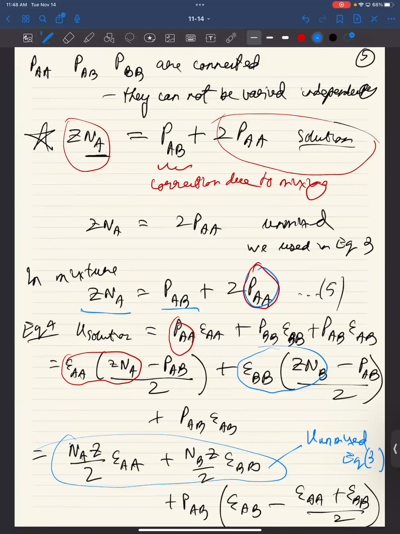If you think carefully, you will realize where it comes from. It looks like PAB showed up in the expression for U unmixed, right? But if you look at the derivation carefully, trust me, you will see that there's no contradiction.